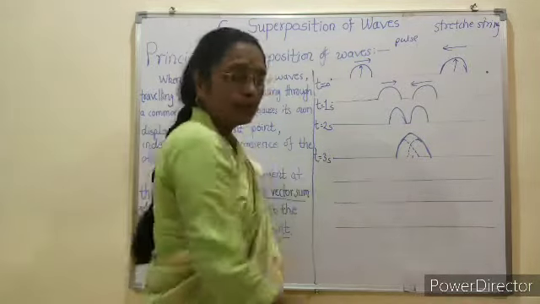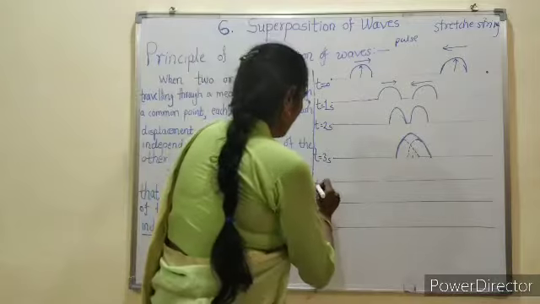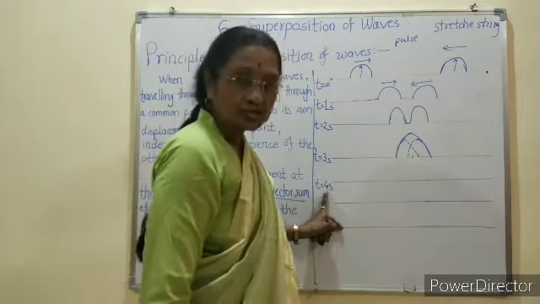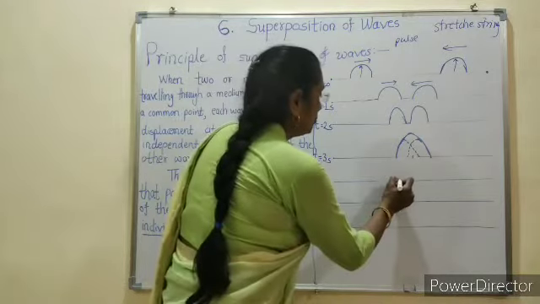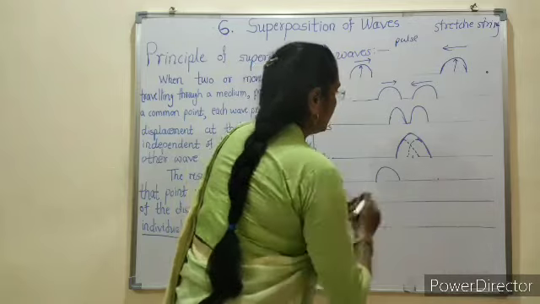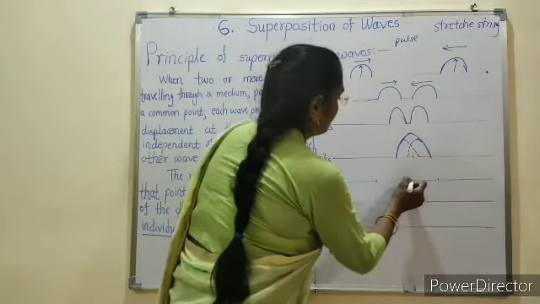Now, after overlapping, the time instant is 4 seconds. The two pulses separate from each other in this way.